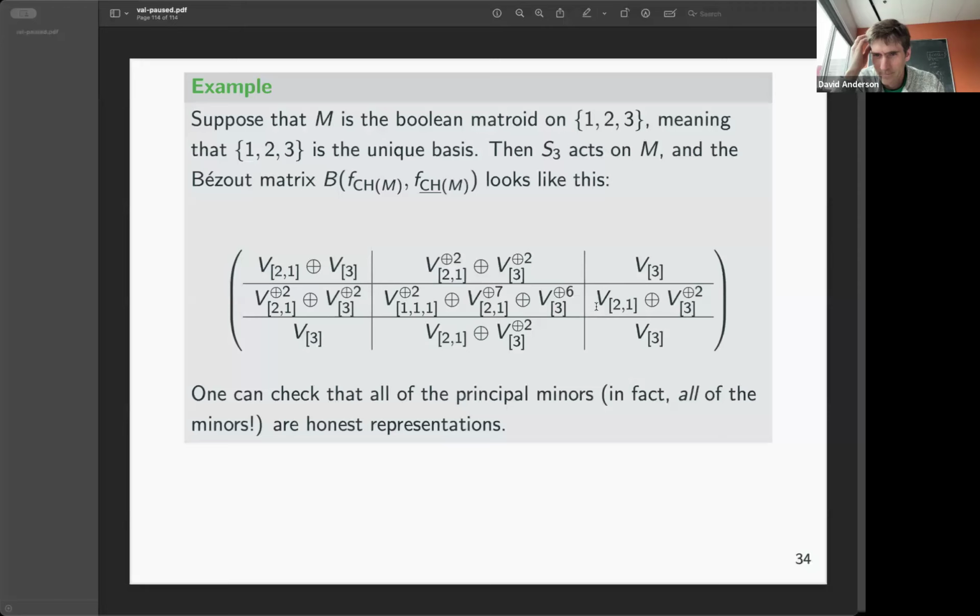I think the example of the Boolean matroid has got to be the easiest one. It's not known to me. We've checked it on a computer for small values of various uniform matroids, including Boolean matroids and braid matroids. In all these cases, the group that's acting is S_n, and we check it using Schur functions on the computer. So things seem to work, but I don't know of any special case where this is known.